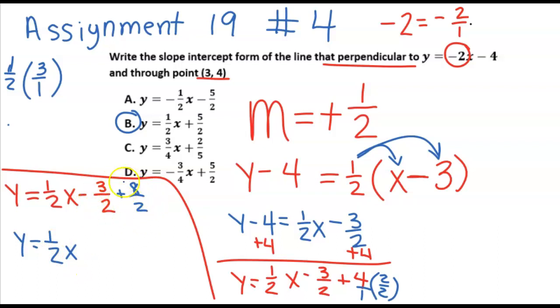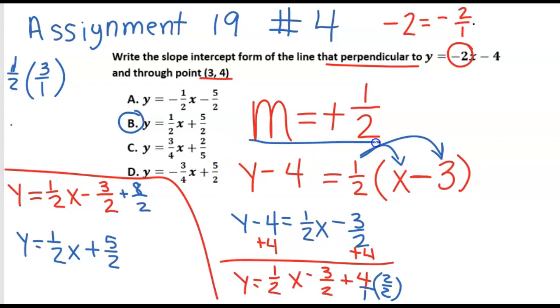When I have a common denominator, you add up the numerators, 8 plus a negative 3, and that is how you would get that part of the answer. But once again, I could stop right here because that's the only one that has the right slope. And when you have parallel lines, same slope. Those are two rules that you need to memorize.